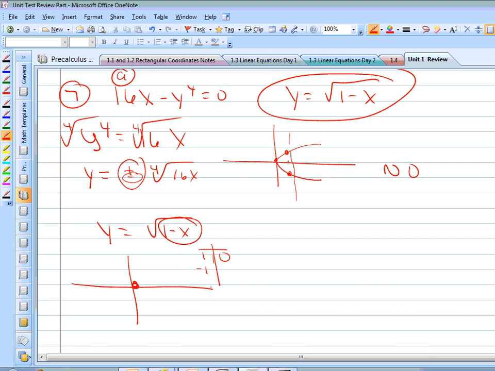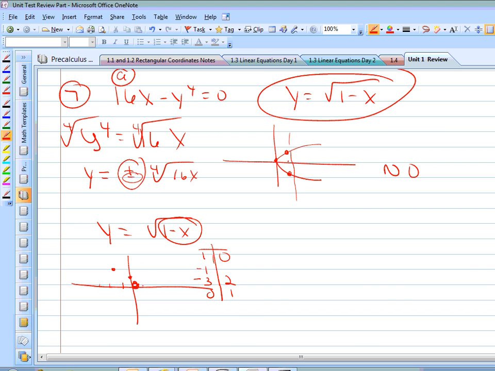Not a really pretty root, so let's pick something like negative 3. Negative 3 is 1 minus a negative, that would be a positive 3. So 1 plus 3 would be 4, and the square root of 4 would be 2. So at negative 3, I would be at 2. At 1, 0. And if I plug in a 0, I would be at 1.